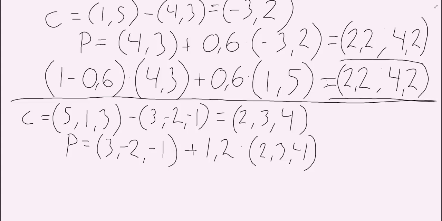So we have 3 plus 1.2 times 2 is 2.4, so 5.4, then minus 2 plus 1.2 times 3, which is 3.6, that's 1.6. Then we have minus 1, and we have 4.8, that's 3.8. That's one way of doing it.